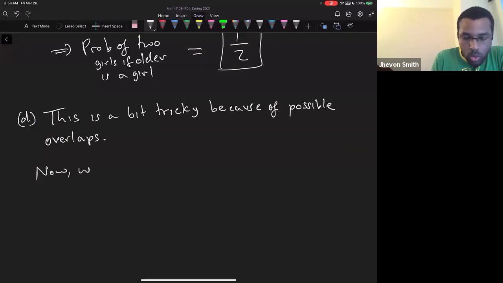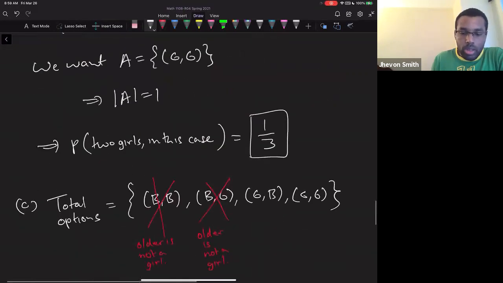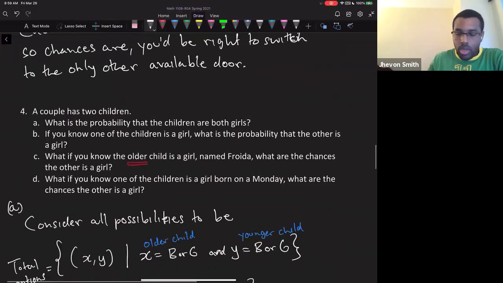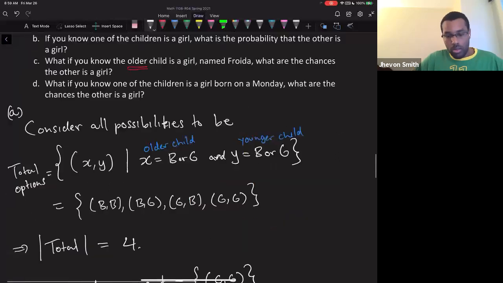Now, we also want to keep track of the day born, the day of birth. So in part D, one was born on a Monday, so now the day of the week is an important factor for you.